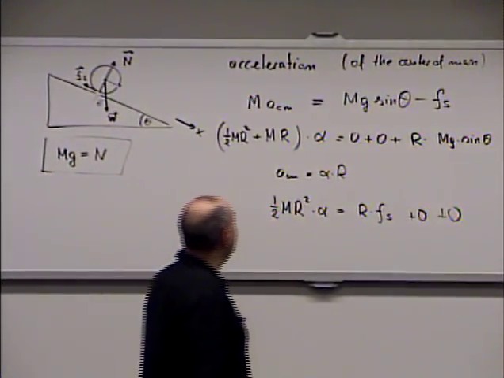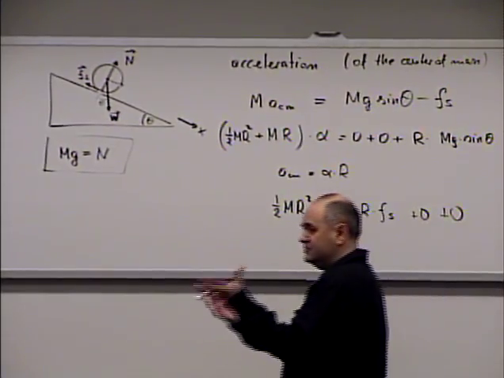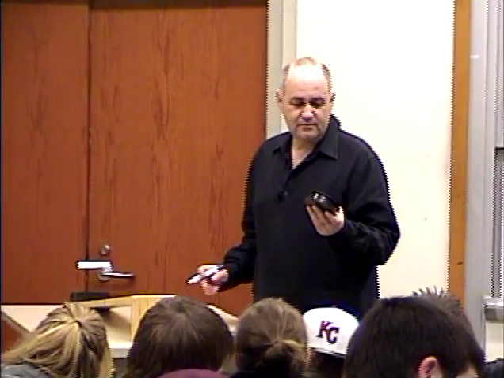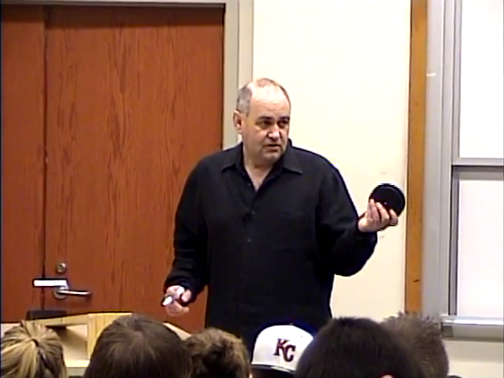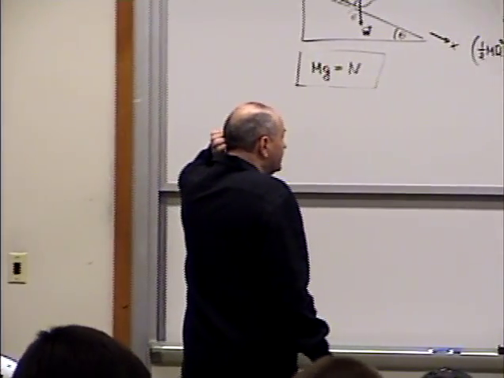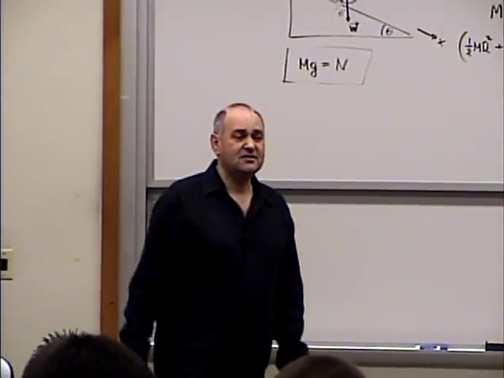Now let's see how many unknowns we have. I'm assuming that we know the mass of the wheel. This is the only quantity which we know about the wheel. We can easily measure the mass. So if we know the mass, what is going to be the acceleration, and we will actually find out that we don't even need that.